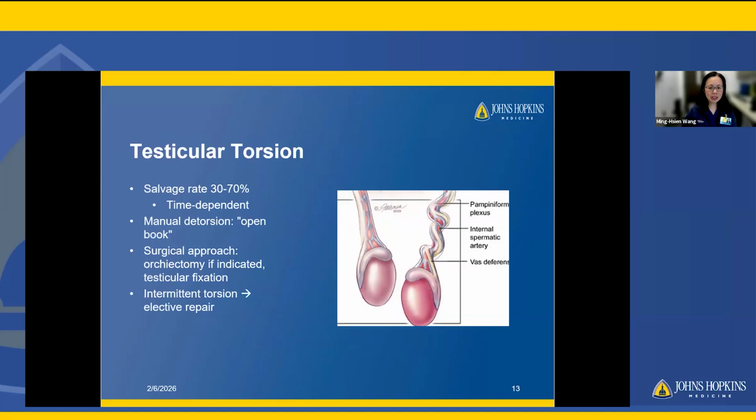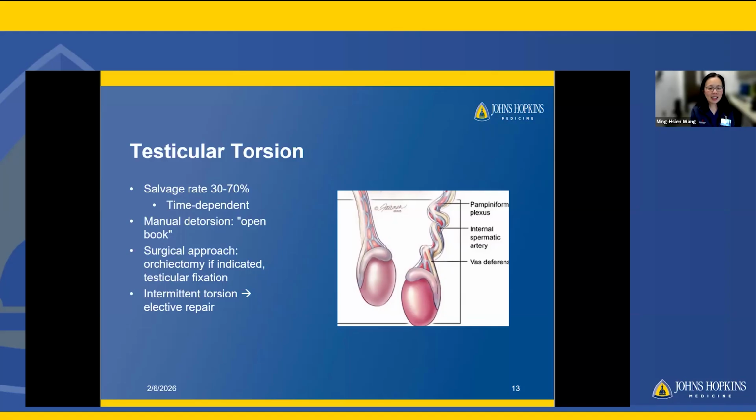But that doesn't happen consistently because we definitely have kids or teenagers coming from pretty far. So then at that point, the hope is it's not twisted 720 degrees. It's more like 360. So there's still a chance that we can untwist things and bring blood back into the testicle. I've definitely seen this before, which is great because everybody's happy.